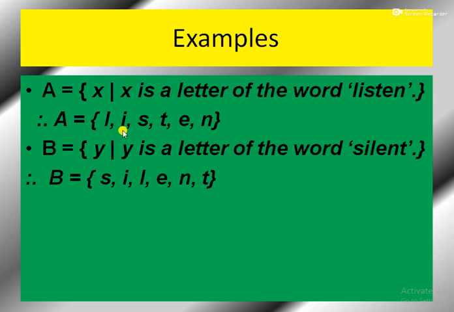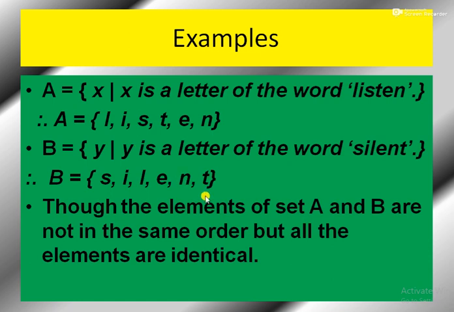Next, I is also present in set A and set B. S is present in set A, also in set B. T is also present in A and B. E is present in set A and B. N is also present in set A and set B. Even if the arrangement of the letters in the spellings is random, and the elements of set A and set B are not in the same order, all the elements are identical.